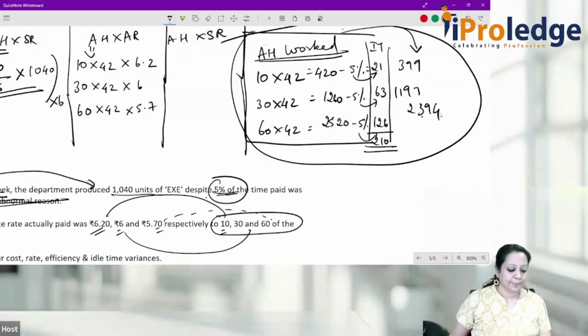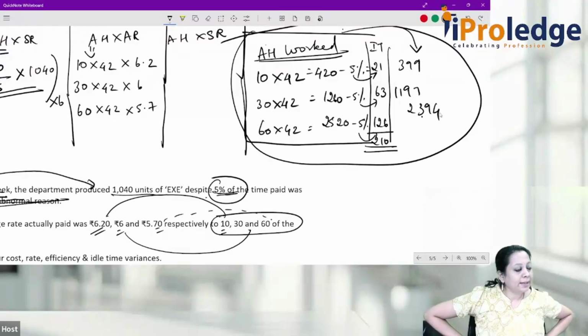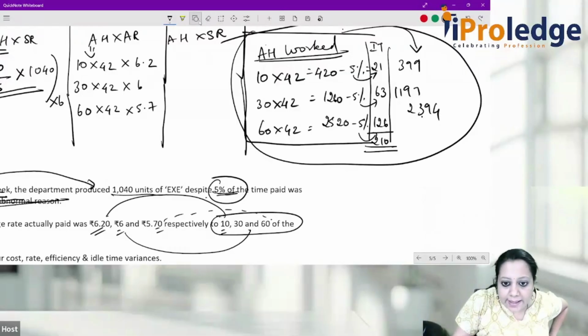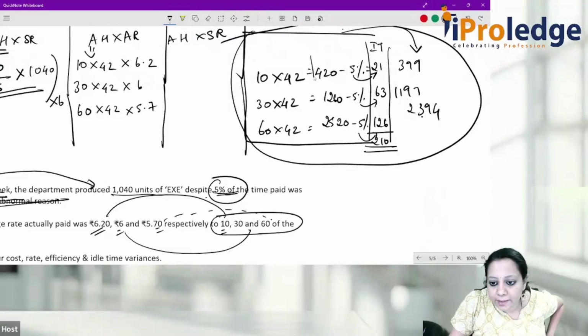I will write like this, not changing any number, simply writing it out.